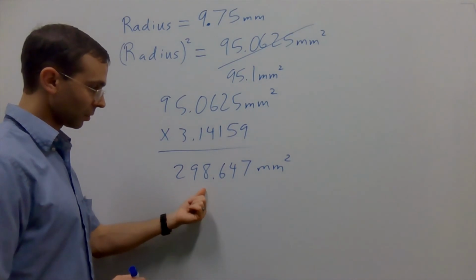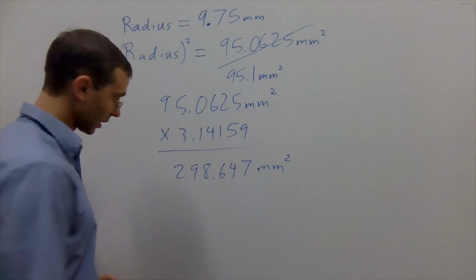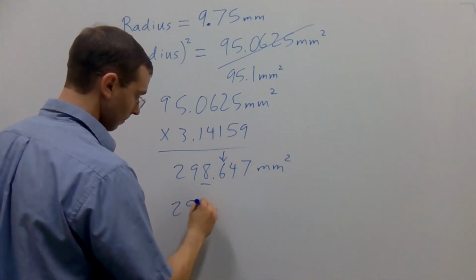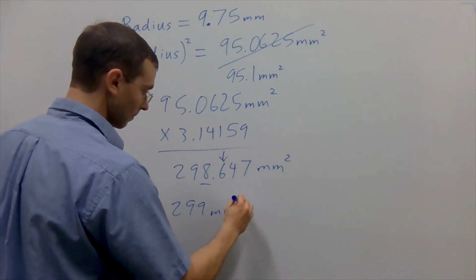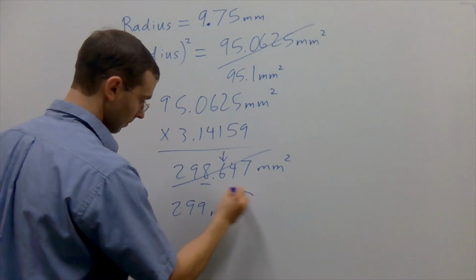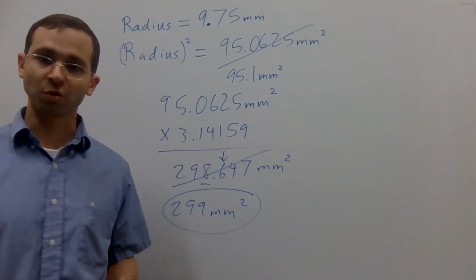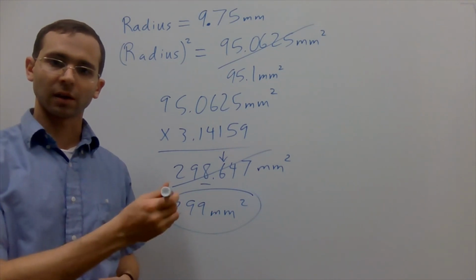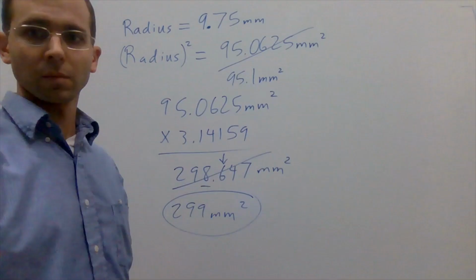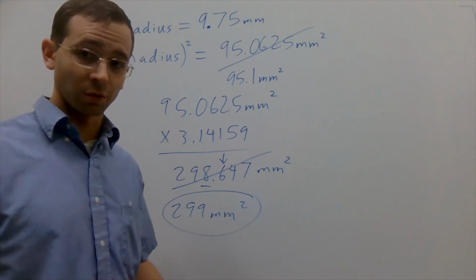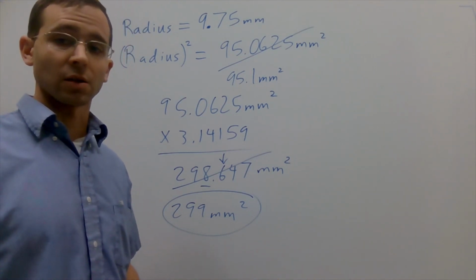In this case, that would mean rounding to the ones place. So 299 millimeters squared is the area of the back of this pen. At least if we're going to limit ourselves to the use of my simple ruler as our measuring instrument.